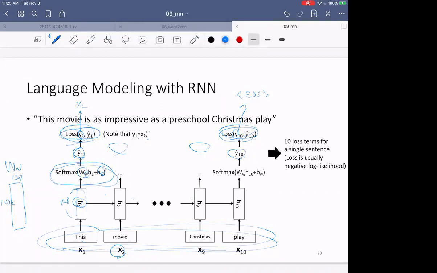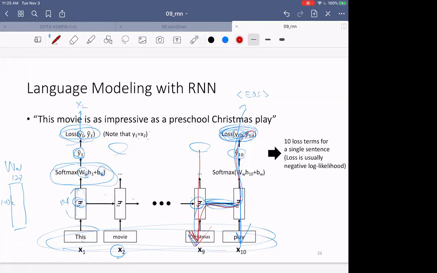But you basically do backpropagation. As someone asked, H10 will receive the loss signal only once, because there's only one loss term there. But H9 will receive 2 loss signals: one from the connection here, and one from the loss at T equals 9, loss 9.